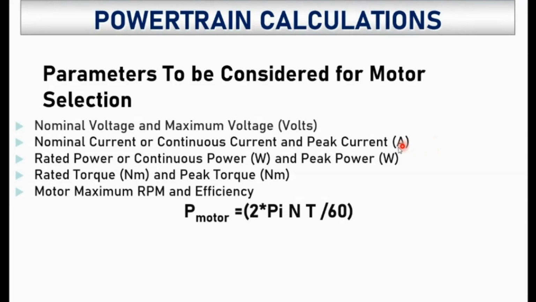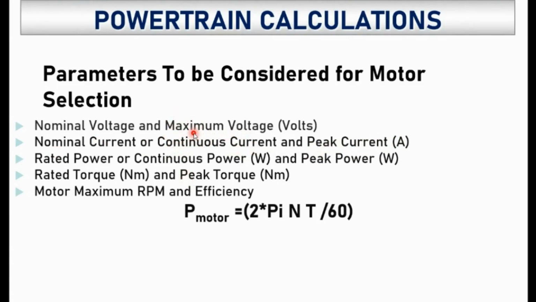Usually the tech specifications would be in such a way that the motor may demand a continuous current of X ampere continuously for its operation, whereas peak current is when you're suddenly accelerating, when there is a sudden torque demand, then your motor may need up to maybe two times the current, but it is going to be for a few seconds, or even sometimes a fraction of a second. So these are the information provided.